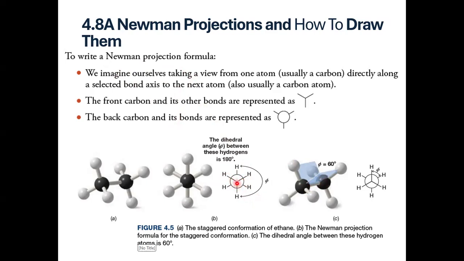You assume that the point in the center is your carbon, and this carbon is bonded to hydrogen, hydrogen, and hydrogen. And this circle here, at the back, is another carbon atom. And this carbon atom is bonded to hydrogen, hydrogen, and hydrogen. Okay, so this is our Newman projection.